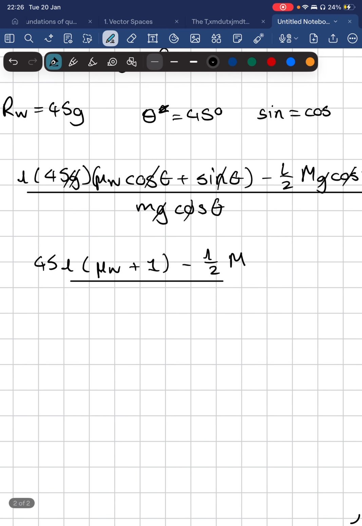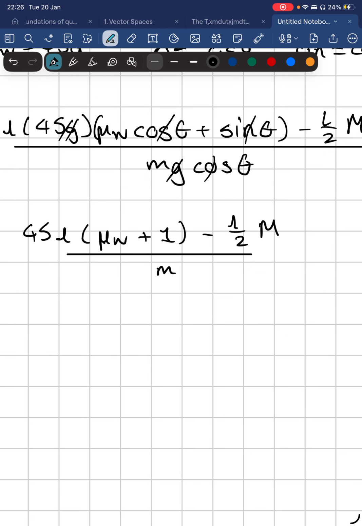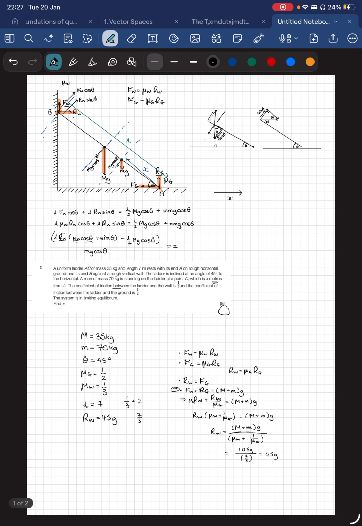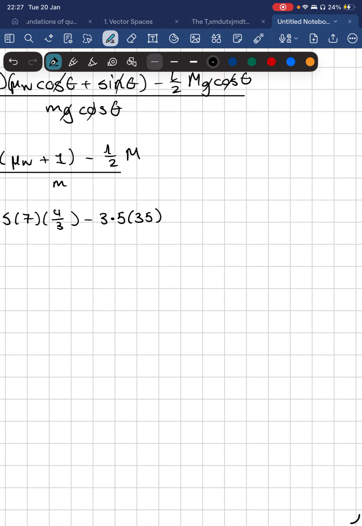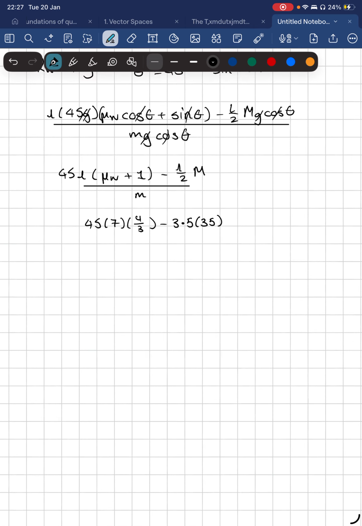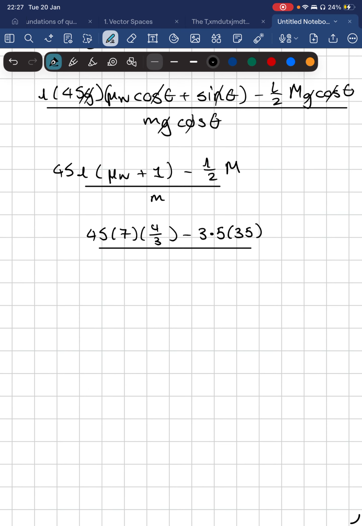over little m. And now plugging those final numbers in, I have 45 times 7 times, well, this is 1/3 plus 1 times 4 over 3 minus, and then this is 7 over 2 times, and then big M we said was 35, or was it 70? Big M was 35, and then the little m at the bottom is all over 70.